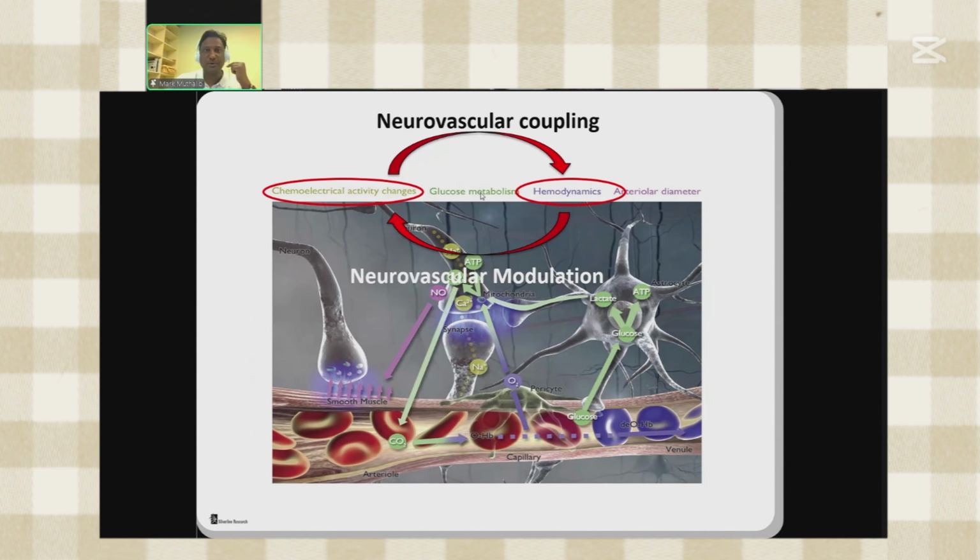So what we have is both the traditional neuronal to blood flow increase, but with this neurovascular modulation method, where the stimulation is affecting the blood vessels, you have an increase in blood flow driving neuronal activation.